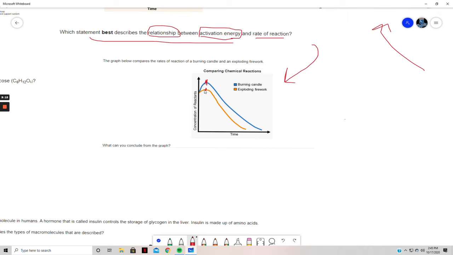But we've got to get some energy going to get that started. So if we're burning a candle, you can imagine lighting a match, or in more modern times, a little flame. Click that, push that trigger and get that flame going. And once that wick is lit, then that reaction can begin to happen.